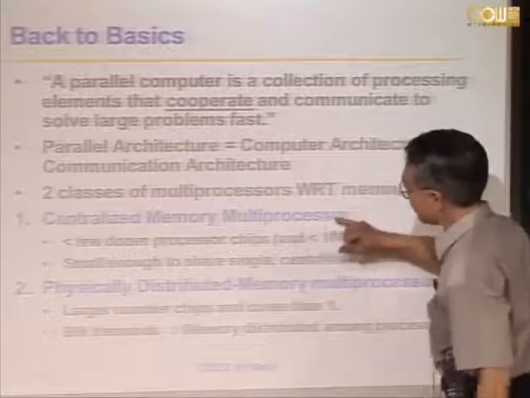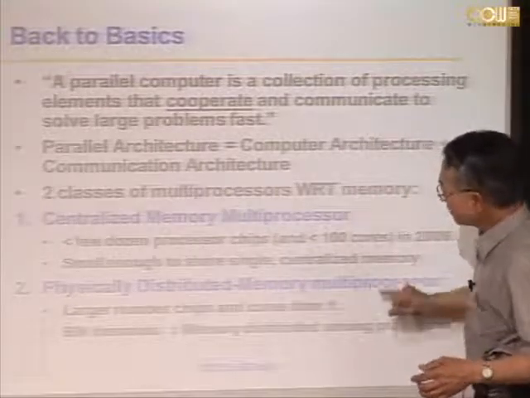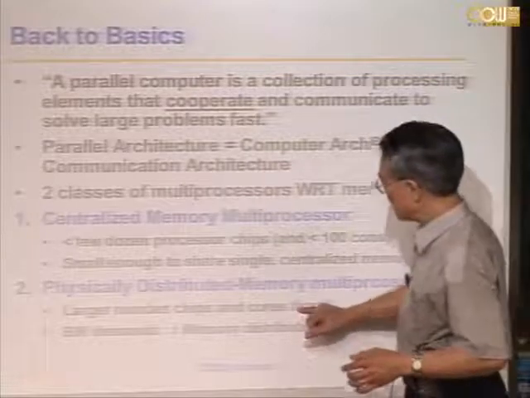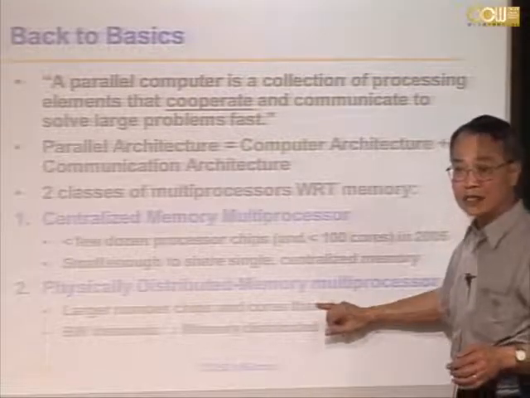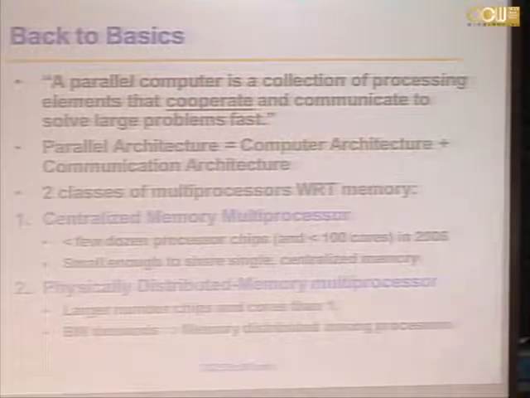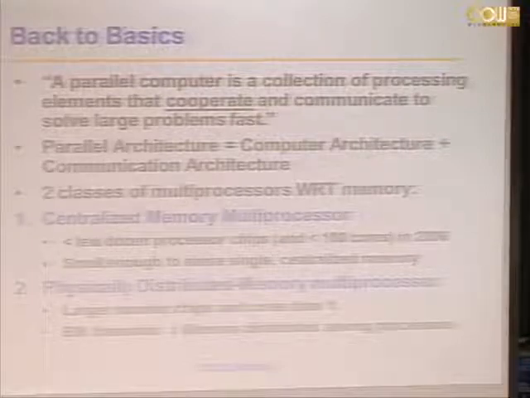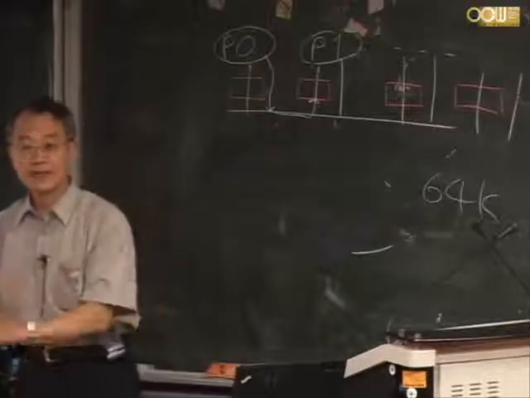With centralized memory, I cannot have too many processors. However, with distributed memory, I can have hundreds or even thousands, the largest being over 64K processors in the system.